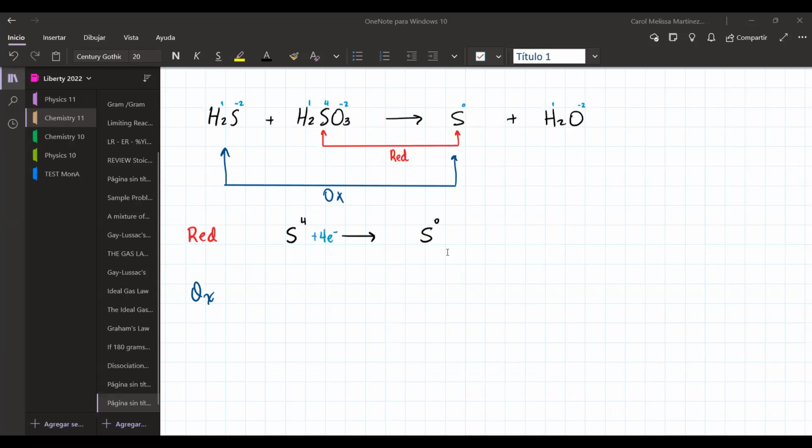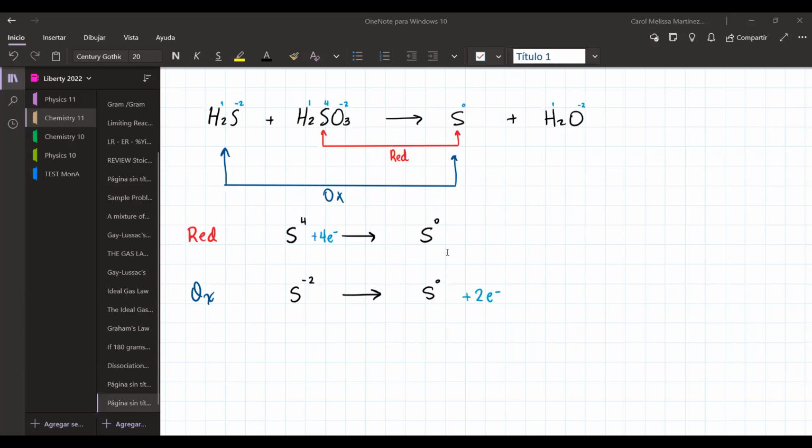In oxidation, I have S with a charge of -2, or sulfide, producing pure sulfur. So from -2 to 0, we had a distance of 2. So here I'm going to have +2 electrons.